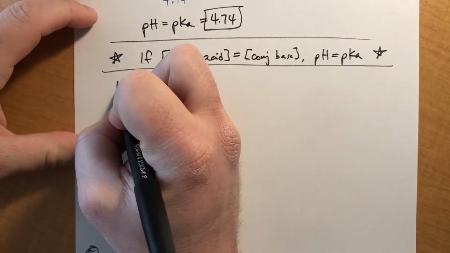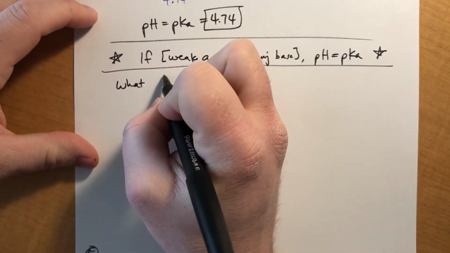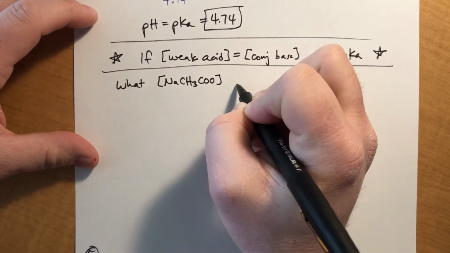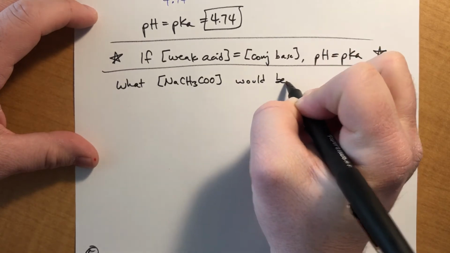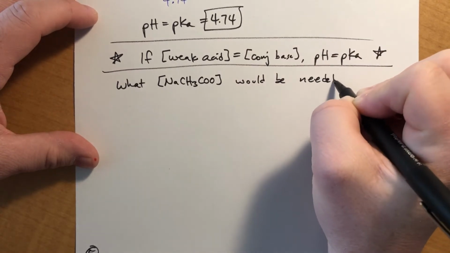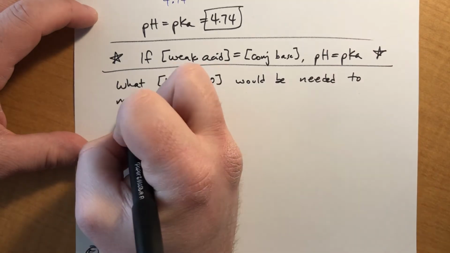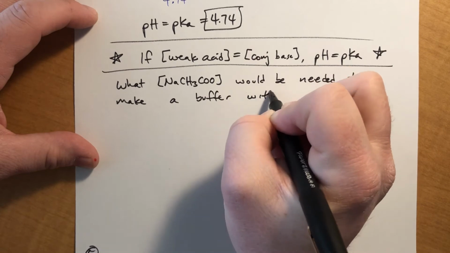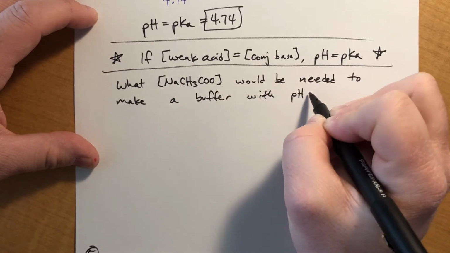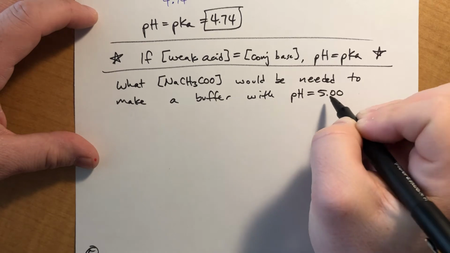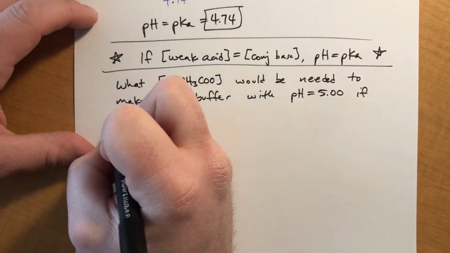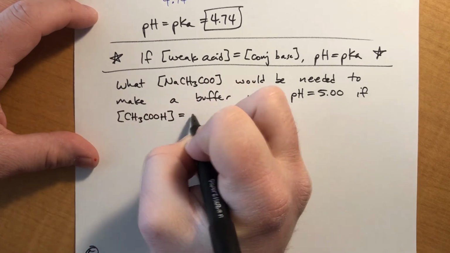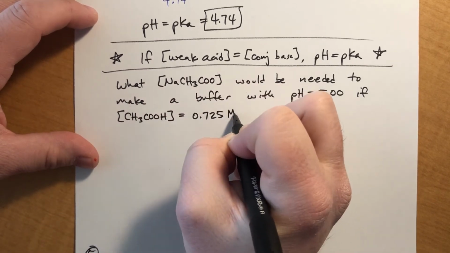So we want to know what concentration of sodium acetate, we'll use the same system, would be needed to make a buffer with a pH equal to 5.00 if the concentration of vinegar, acetic acid, is 0.725 molar.